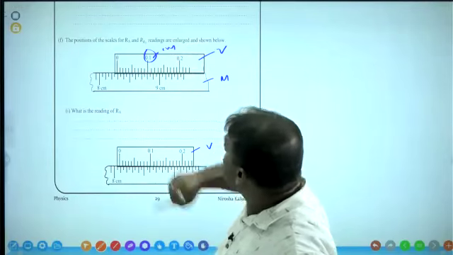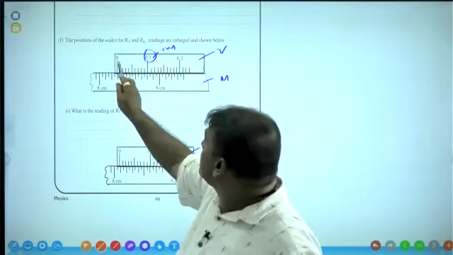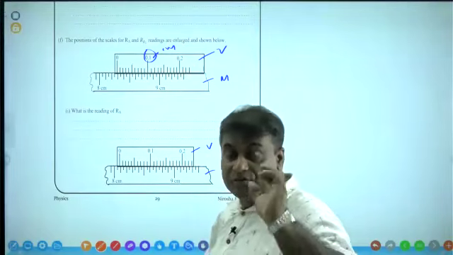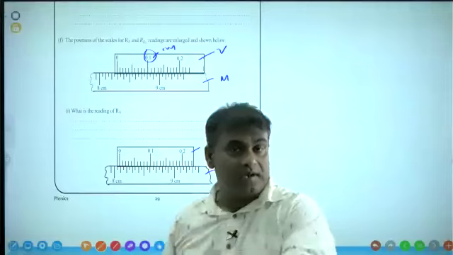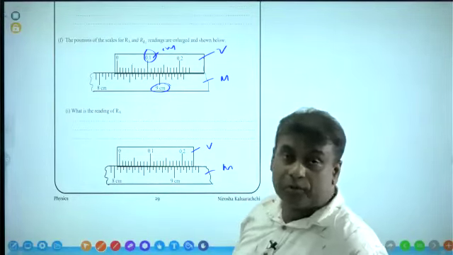It's centimeters. If the 10th division is aligned, the corresponding reading is 0.1 centimeters.